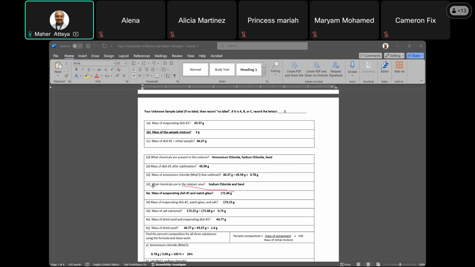We did that before. Now, after drying the solution in dish number two, watch glass and salt, we got the salt, the white crystals, correct? Everybody's following? This minus this number here will give me what? The mass of the salt, correct? The mass of the salt. So that has to give me the mass of the salt.